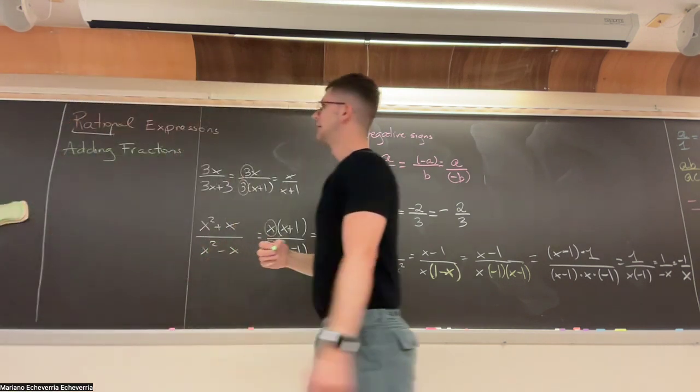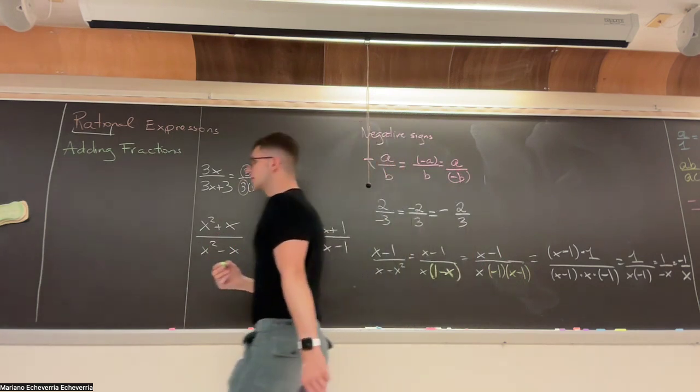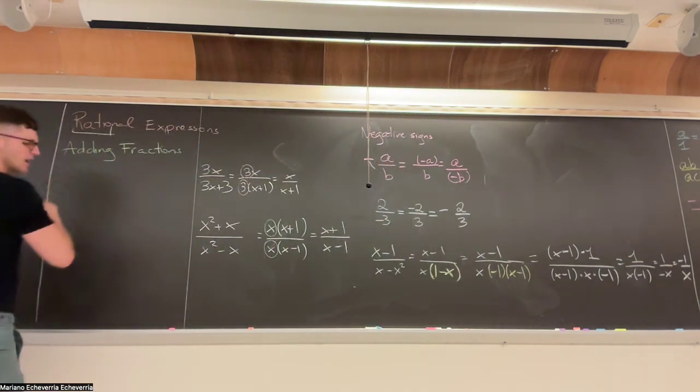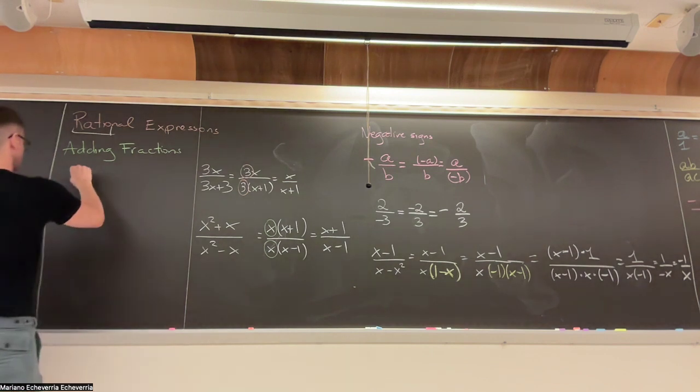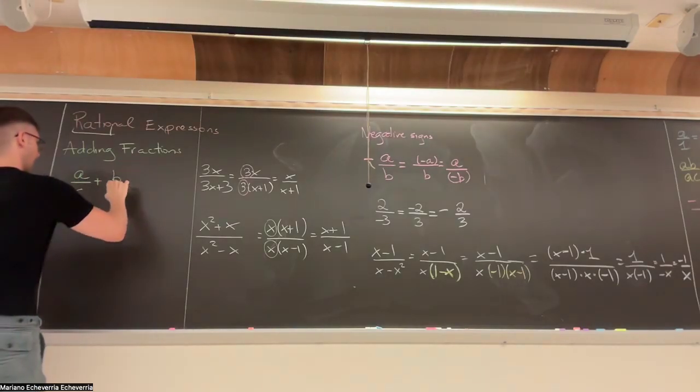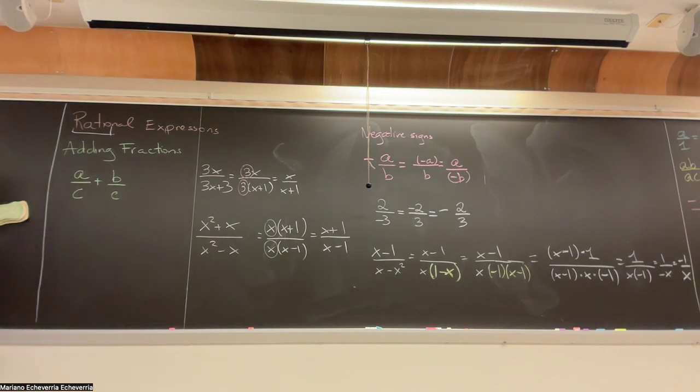So to add fractions, let me just check it. Which one do I call the numerator here? Okay. So the property for adding fractions is that as long as the denominator is the same, you can add fractions by adding the numerators.